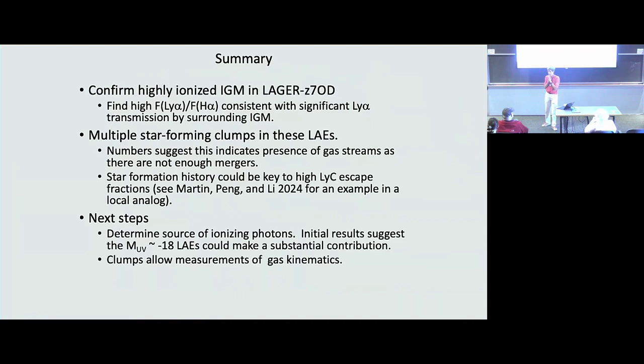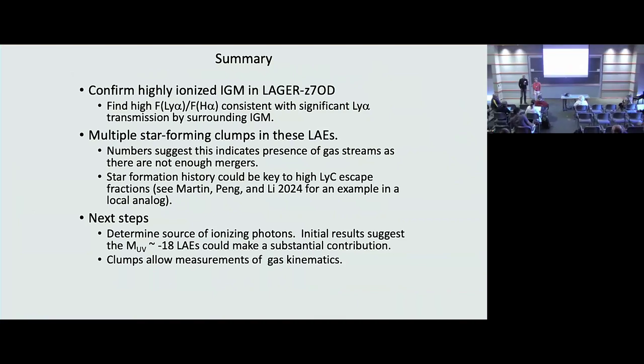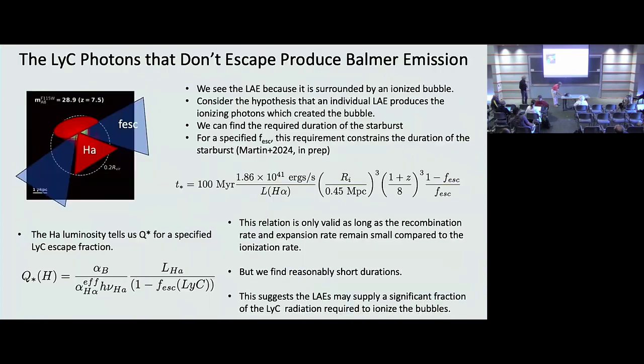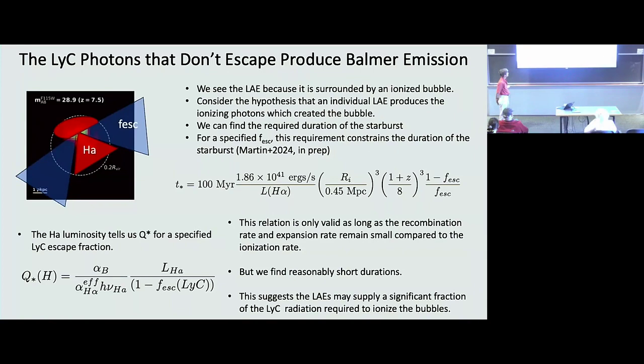Yes. More questions? We'll take Brent's question down there. Thanks. Can you go back to the equation where you infer the length of the starburst? In this equation, if F-escape is low, does that approach the age of the universe or exceed the recombination time?